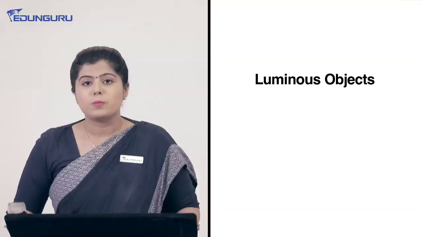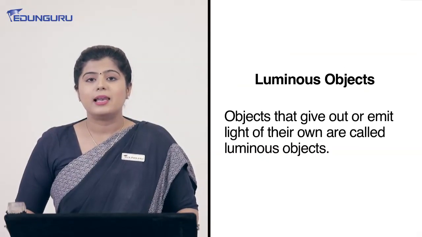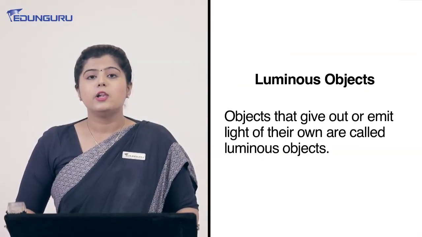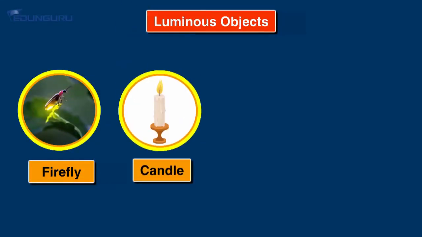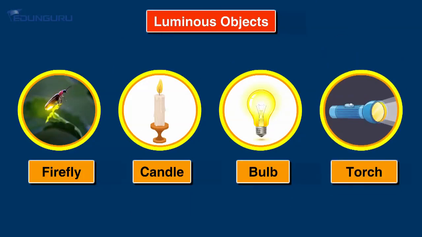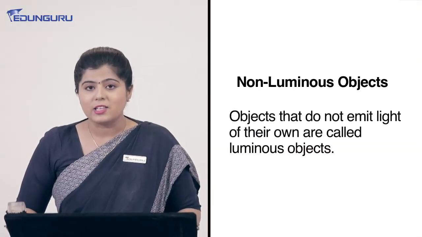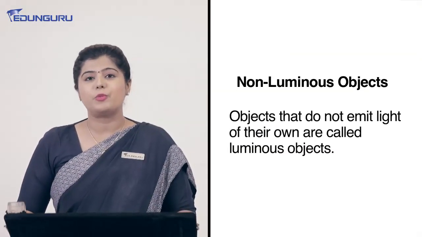Now what are luminous objects? The objects which produce their own light are known as luminous objects. For example, your fireflies, your candle, your bulb, your torch. These are luminous objects, and the objects which do not emit light are known as non-luminous objects.